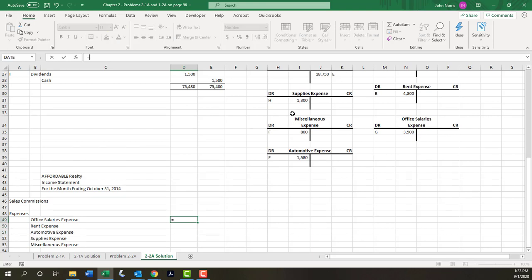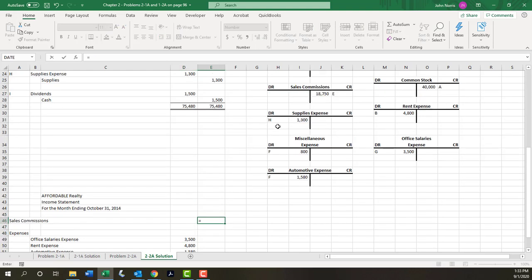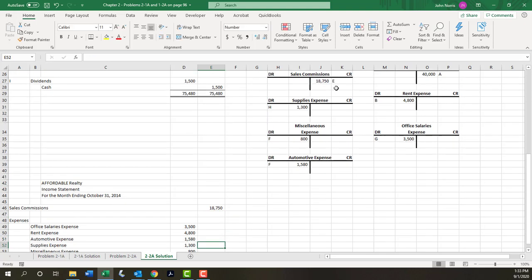So office salaries were $3,500, rent was $4,800, automotive was $1,580, supplies $1,300, and miscellaneous $800. Sales commissions equaled $18,750.